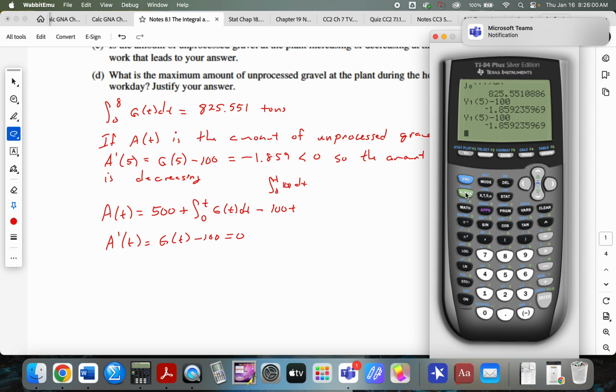Well, let's see. Let's try something. Y1 minus 100. There is an equal sign on here someplace. Again, I just never use it.